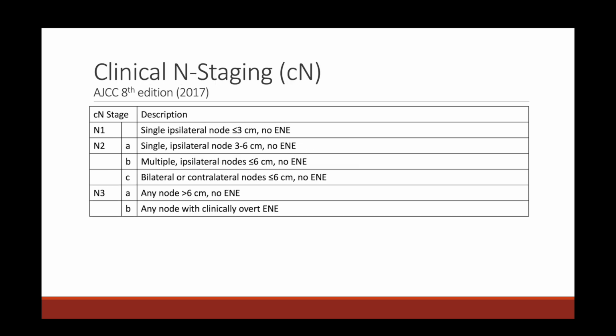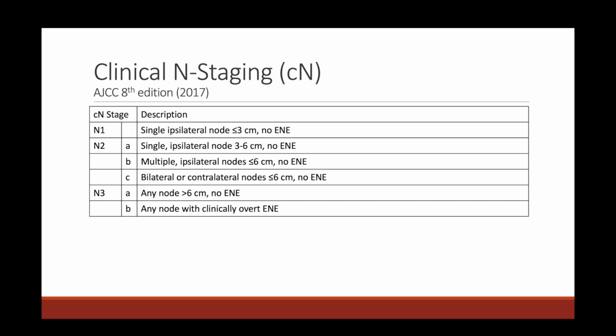That brings us to the nodal staging, which I think is actually very tricky for head and neck cancer. That is because there is a clinical nodal staging, and that is subtly different from the pathologic nodal staging. Now, the good news is that this form of clinical and pathologic nodal staging applies for the majority of cancers in the head and neck. The only exceptions that I can think of are cancers of the nasopharynx and then P16 positive oropharyngeal cancers.